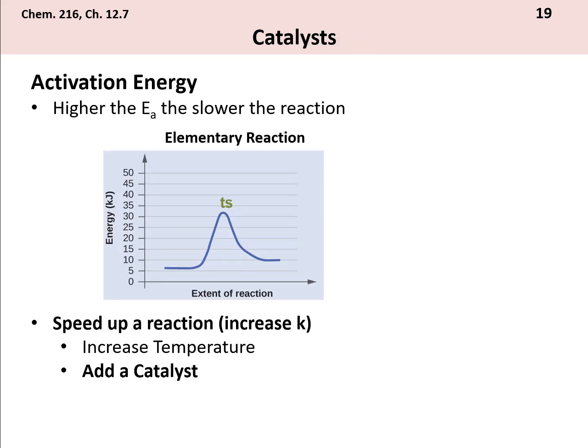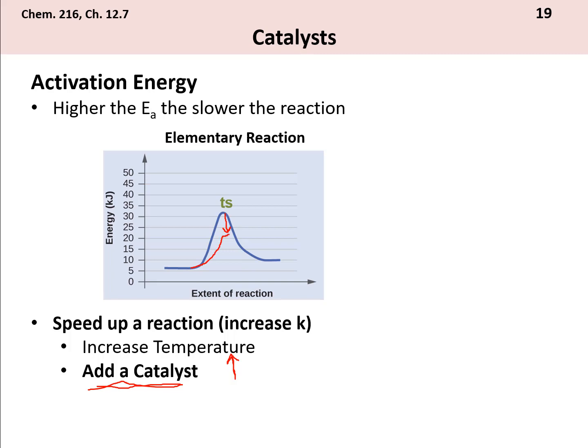Okay, now let's go ahead and talk a little bit more about activation energy. And remember what we said, there are two ways to speed up a reaction. One is to increase temperature. The other way is to reduce energy of activation. And we can reduce the energy of activation by adding a catalyst. Okay? What do catalysts do? They bring down this activation energy.